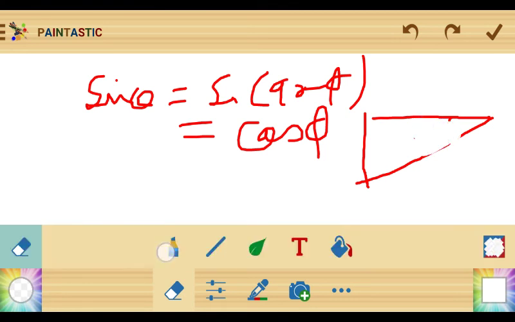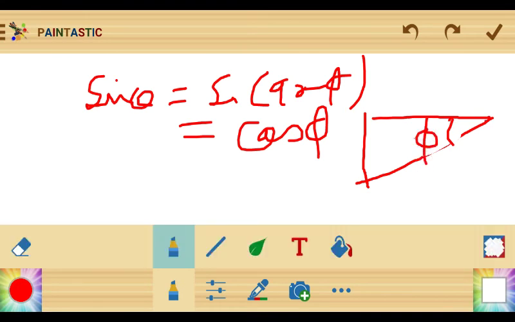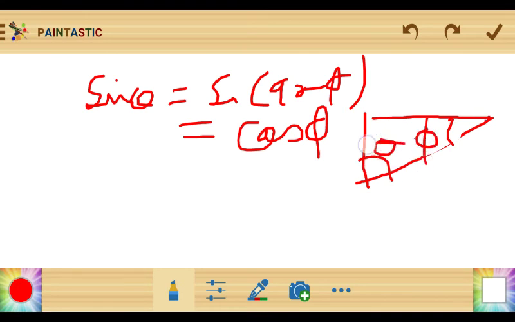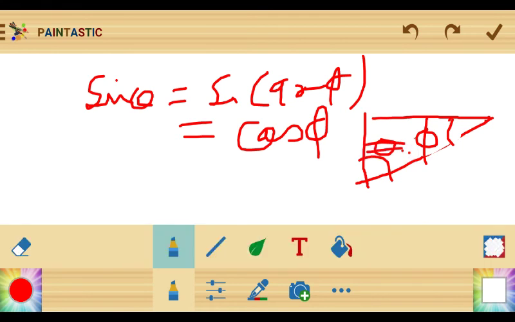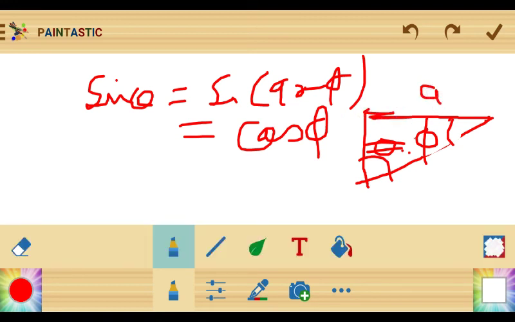This angle is phi, and the distance from P to C was a, and this was r.